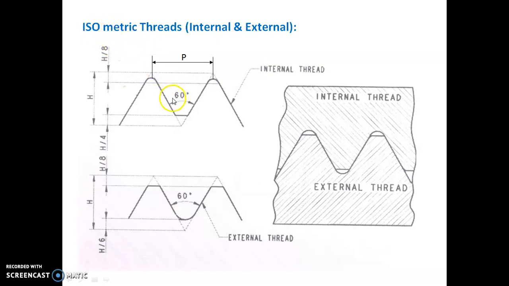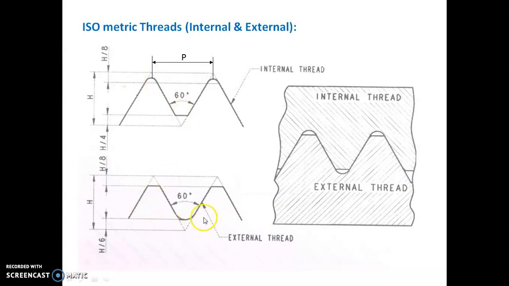For an isometric thread, the thread angle will be 60 degrees. So you will be given the pitch value. You have to remember this 60 degrees, get this V, and then get the appropriate offset here, H/4 on this side and H/8 on this side. On this side you have to get the external arc, and here you have to get the flat surface.